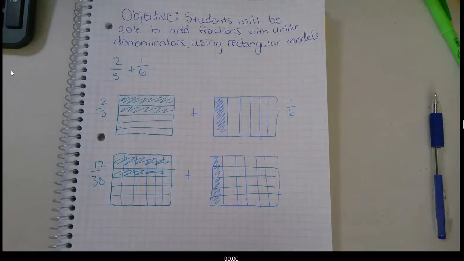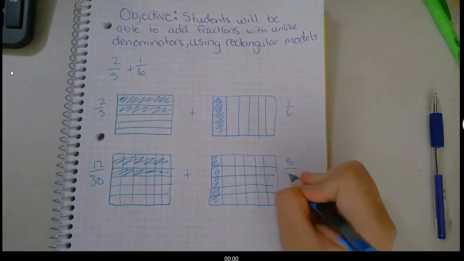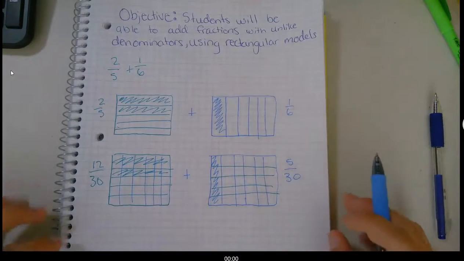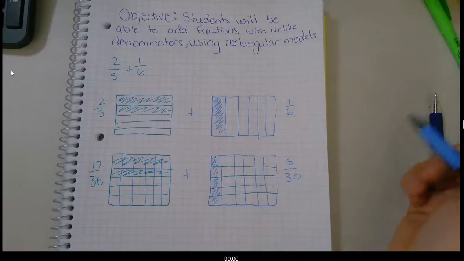And this will get you 5/30. Now that you have common denominators, you will be able to add them.